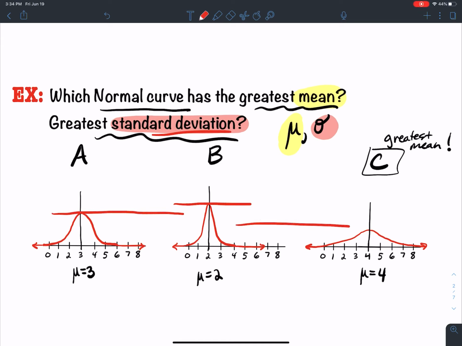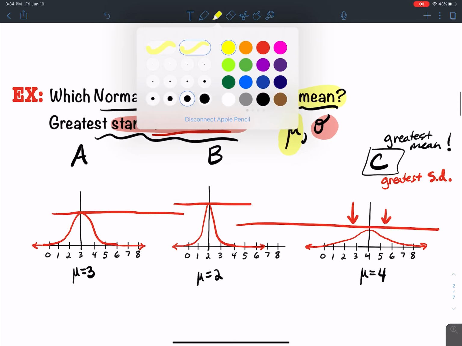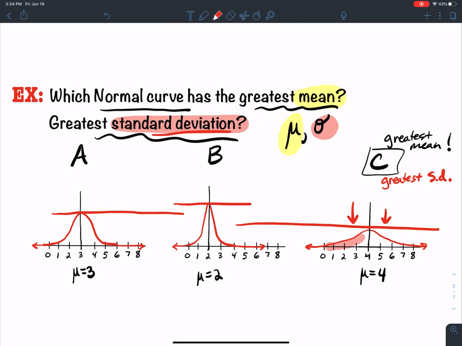And to me, it looks like the most spread out distribution happens to be C. So this has the greatest standard deviation as well, because as you can see, the distribution is spread out from the mean further than any of these other ones.